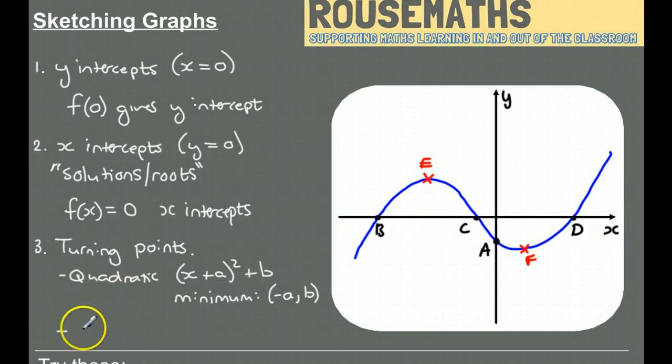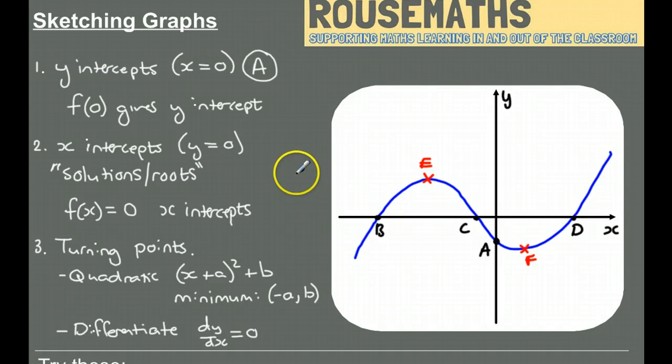However, more generally, if you differentiate, and that's particularly for people doing A level, if you differentiate and make dy by dx equal to 0 and solve that, then you can find the turning points. So this is a general guide to sketching graphs. The most important thing being that first of all, if you make x equal to 0, you can find your y-intercepts.